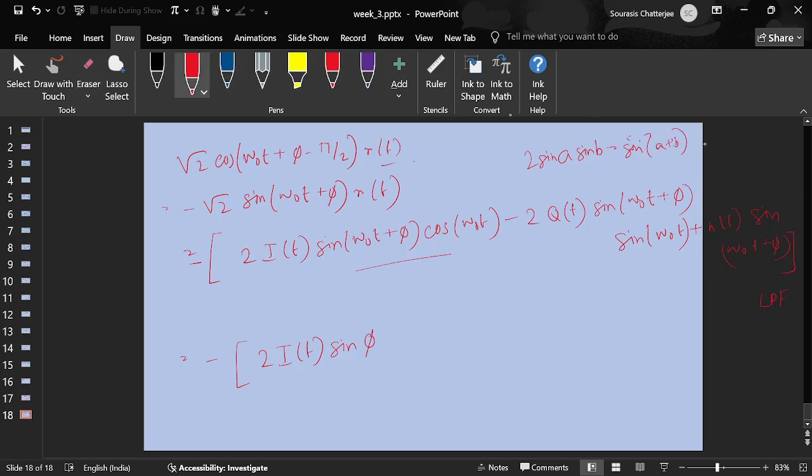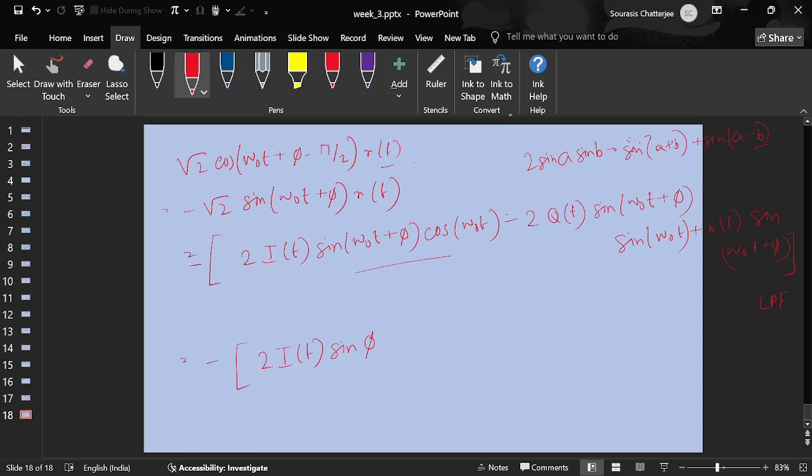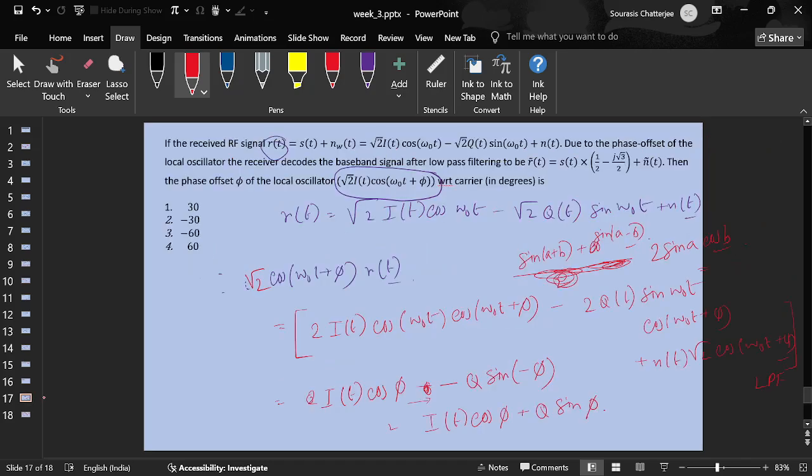So it will be sine phi plus sine 4 omega naught t plus phi. Okay, so here should be 2 q(t) sin phi. That's what we are going to obtain, right? Or am I doing something wrong here?